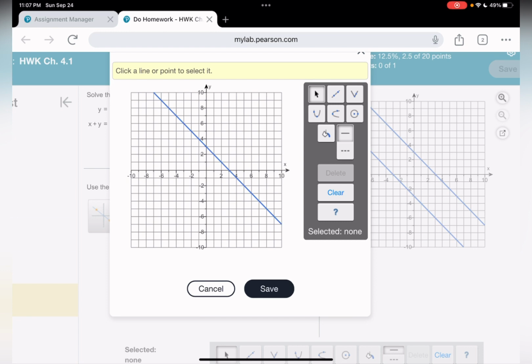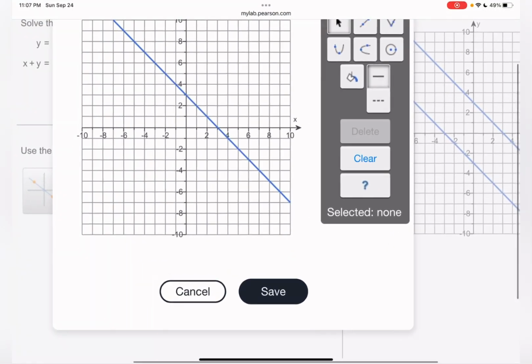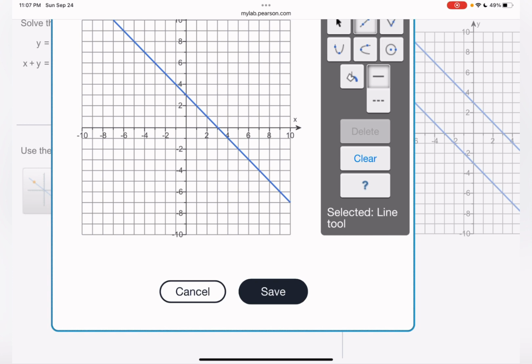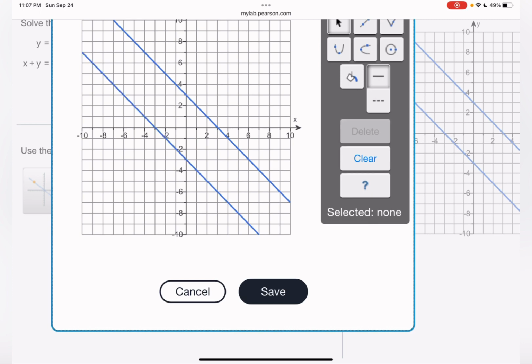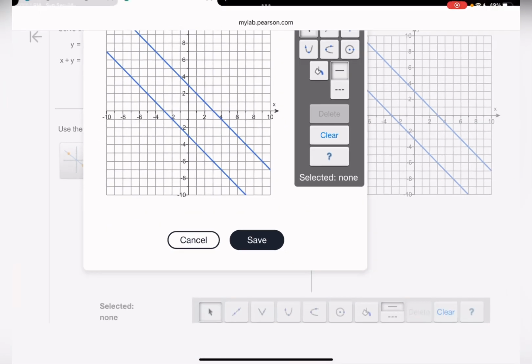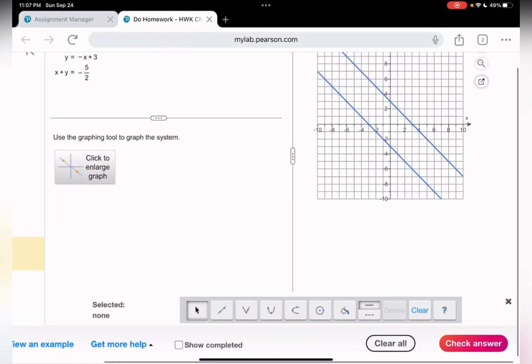And the second one is negative x minus 5 over 2, meaning 2.5. So negative 2.5, and then minus 1, going down, and then positive 1. Well, I don't see any other answer. I'm going to check it.